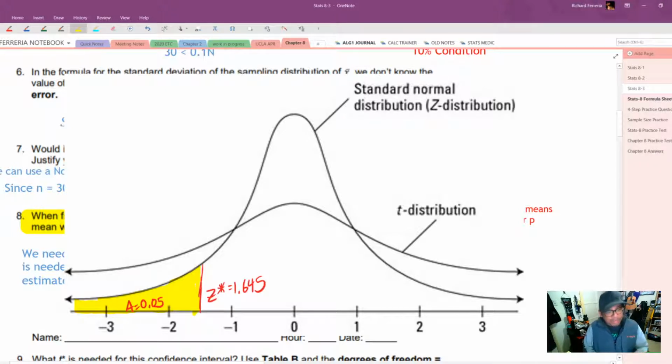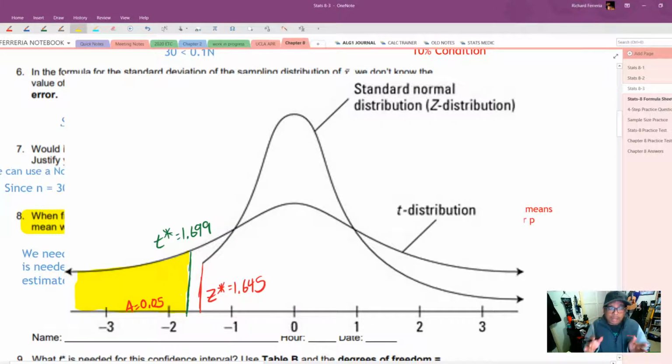So this is where it would be for a standard normal distribution, 1.645. In comparison, the t-distribution is a lot thicker on the edges. So I don't need to go all the way to 1.645 in order to get an area of 5% under the t-distribution, because the distribution is taller. In order to get that same 5% area, I need to make my t-star 1.699, which is a little bit bigger than 1.645.